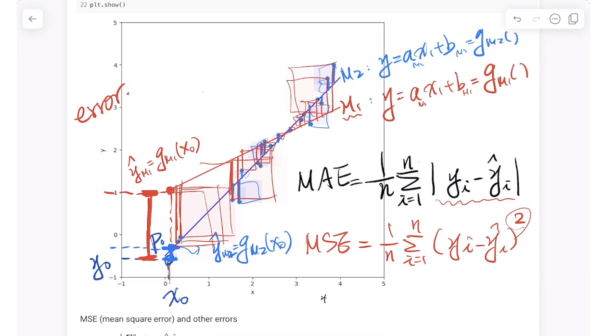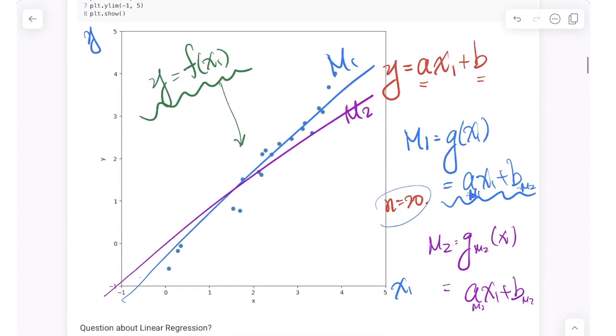There are two important things we have to mention right here. After you obtain the data points, the first thing you need to know is what kind of model you would like to adopt. For example, the form of a linear model is like this, but you can use another form to describe the data points, and it can be very, very complex.